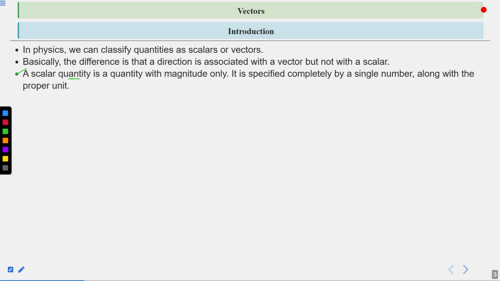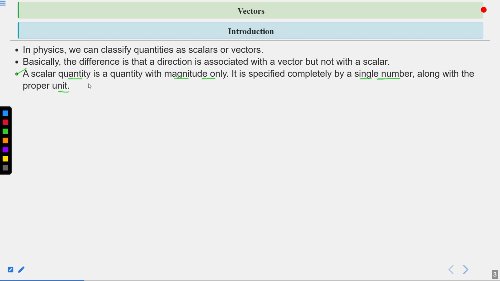A scalar quantity is a quantity with magnitude only. It is specified completely by a single number. So magnitude is just any single number, along with the proper unit.